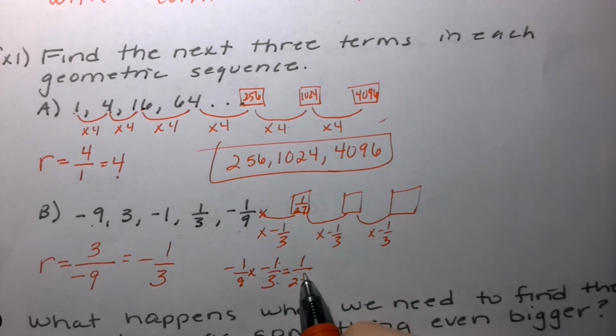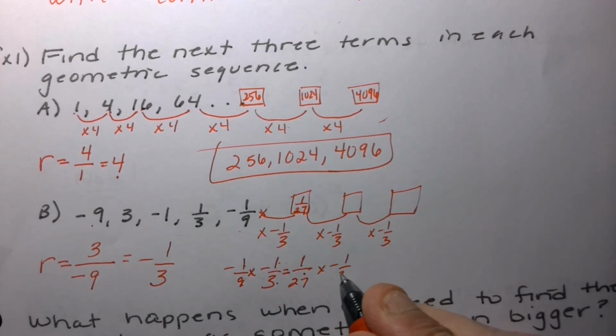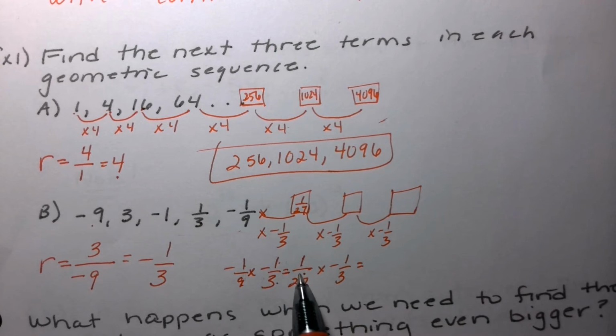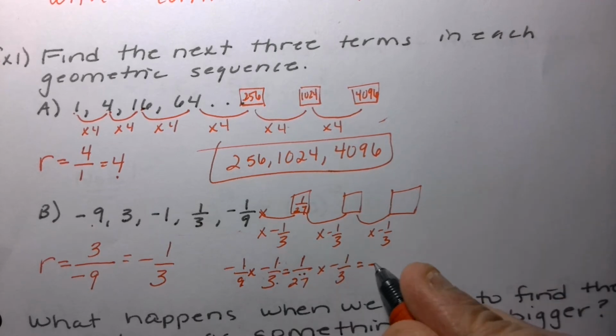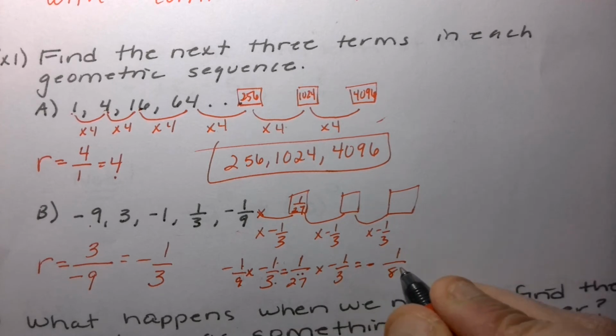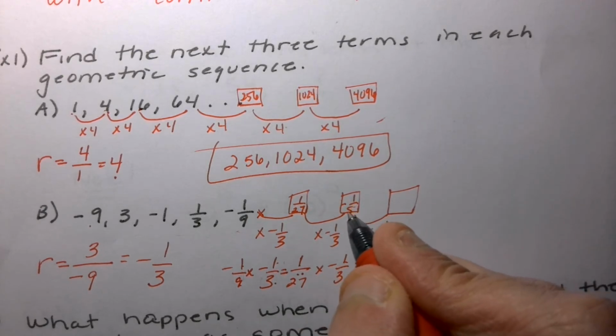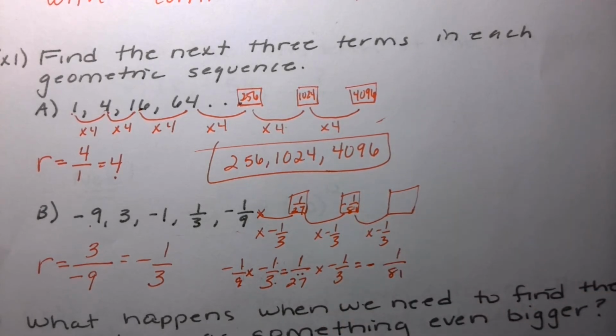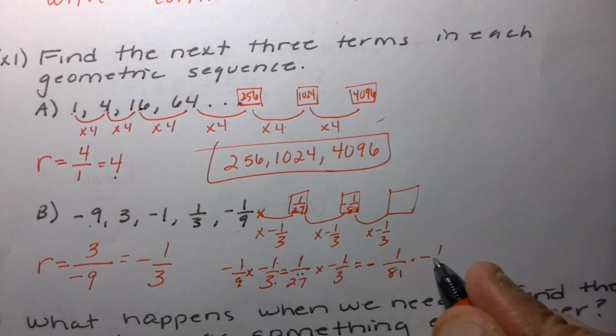Then I'm going to take that times a negative 1/3. Well, now I've got a positive times a negative, so I'm going to get a negative for an answer. 1 times 1 is 1, and 27 times 3 is 81. And I've got my next one, negative 1 over 81. And I'm going to multiply that by a negative 1/3.